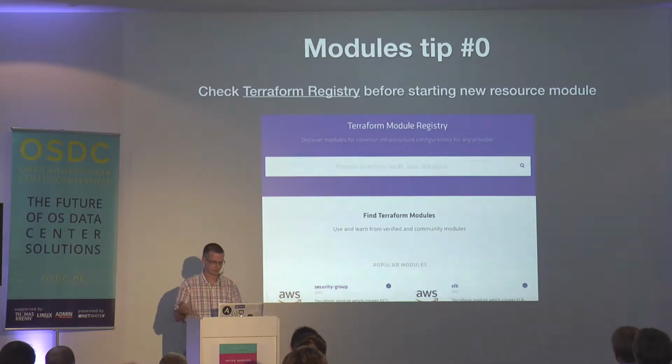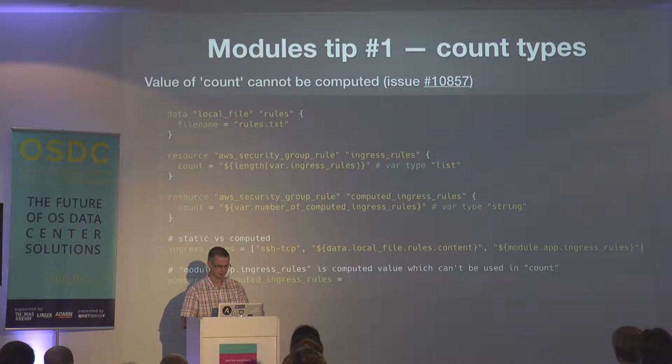Things like Elastic Load Balancer or Application Load Balancer are there. So check it out, and most likely you will find a solution there. There are not so many infrastructure modules for continuous integration pipelines and for other things, so most likely you will still have to write something yourself. But this is a good chance to check it out.